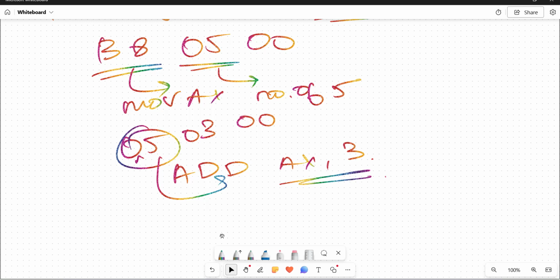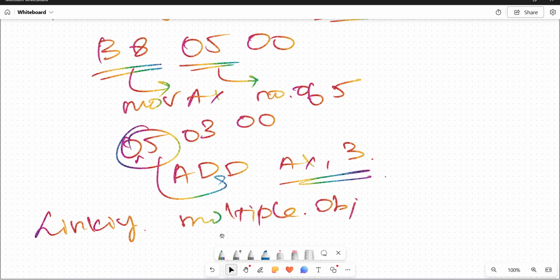And the last step, it's optional, not compulsory, is linking. If multiple files or libraries have been used in the code, a linker combines them into an executable format. Okay, so then only we'll be able to get a single output for every program, right?